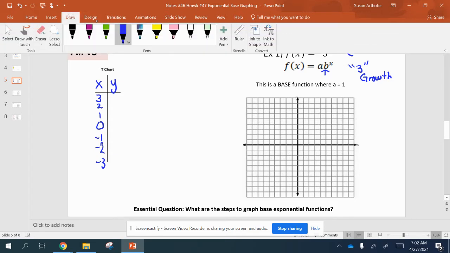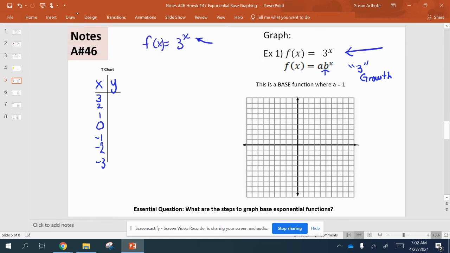So let's start right here at 0. 3 to the 0. Then we'll do 3 to the 1, 3 squared, 3 to the 3rd, and then we'll do the negative ones in just a minute.